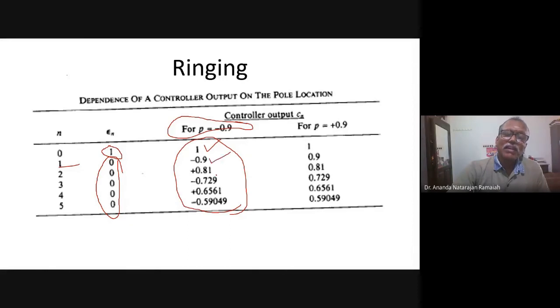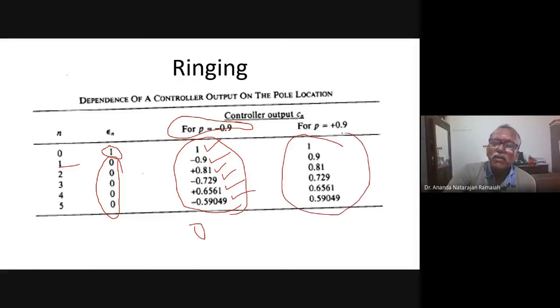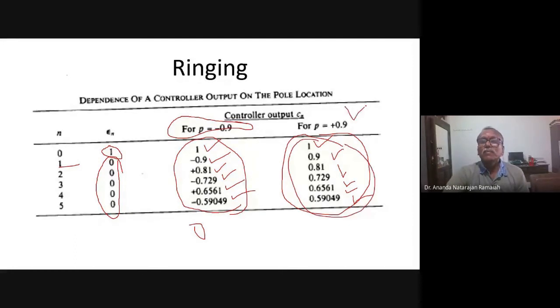Finally, it becomes 0. But it gives positive value and negative value. Here, if P equal to plus 0.9, it is also a stable controller, decreases 1, 0.9, 0.8, 0.7, 0.6, 0.5. It also comes to 0 without any oscillation if P is positive.